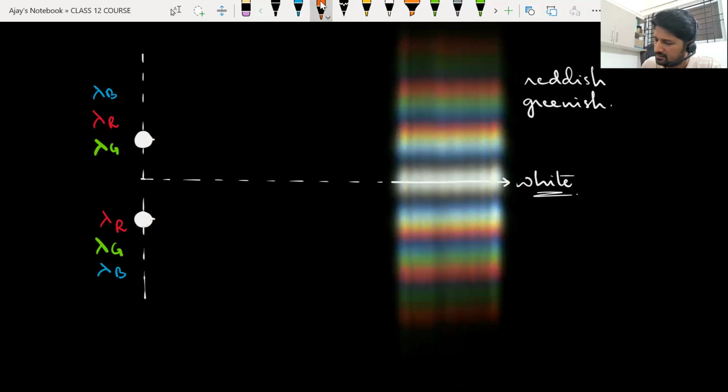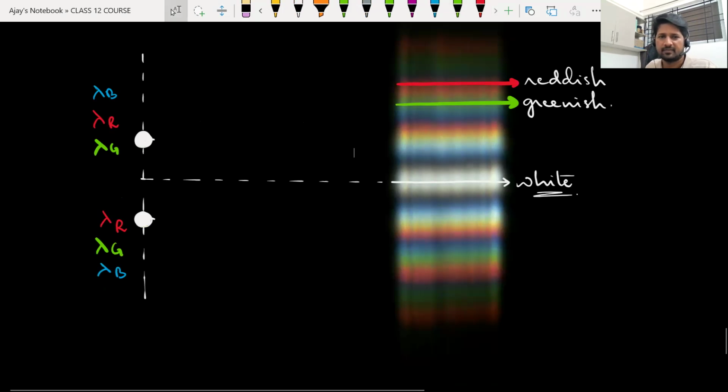As you can see, at this distance, there is a reddish hue, red dominates. At this distance, green dominates. Other colors are also present, but green dominates. Okay, that is what happens. Is it clear how you get this pattern when sources are white?